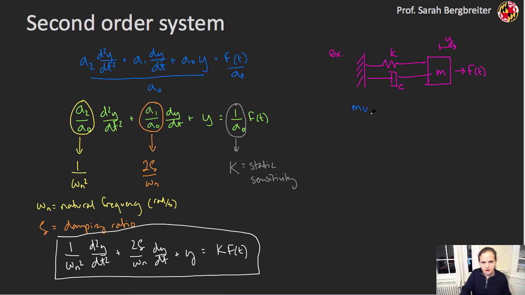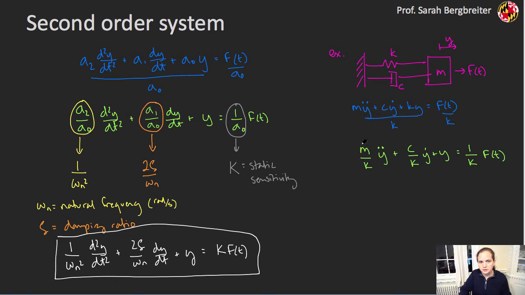I'd have m y double dot plus c y dot plus k y is my force f of t. I can divide this through by k on both sides, this little k, not to be confused with big K, which is our static sensitivity. And I will get this equation right here.